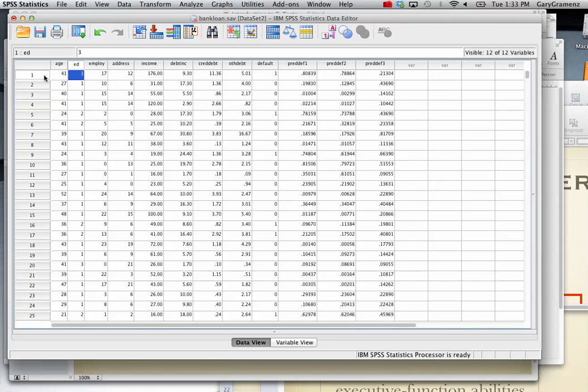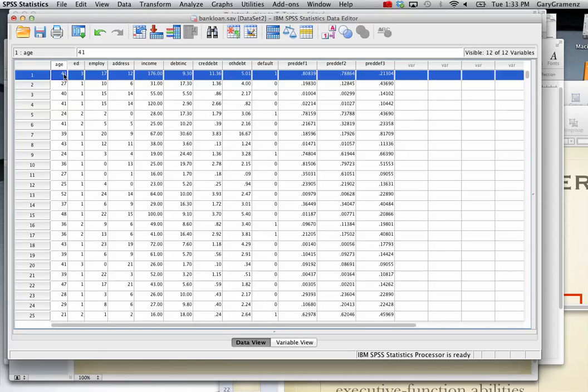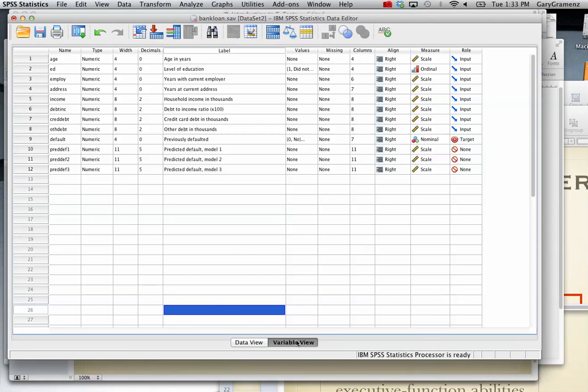And this is how they answered all the questions. Person 1 answered the questions across the horizontal line here. But go back to the variable view. Here are the different questions that were asked, and here are the possible answers that were allowed.